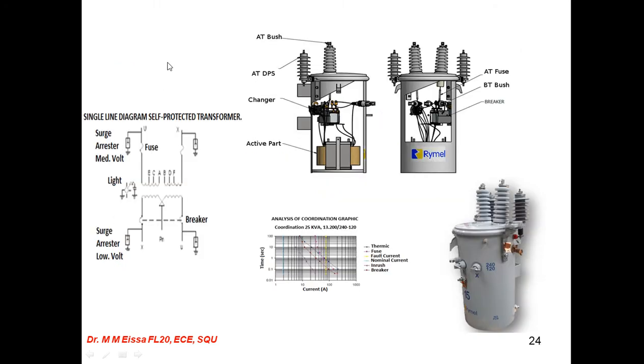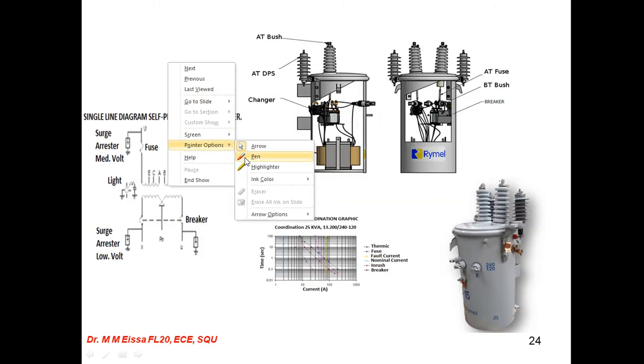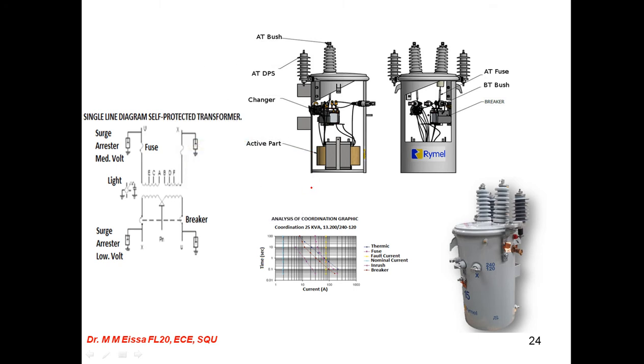Here figures show more details inside the transformers. As shown in the figures, here's the bushing of the transformer. Here's the transformer connection. Here is some lightning protection. Here also there is bushing to bushing, and this is the connection of lightning arrester to protect the primary winding. And inside there is a protection and so on.